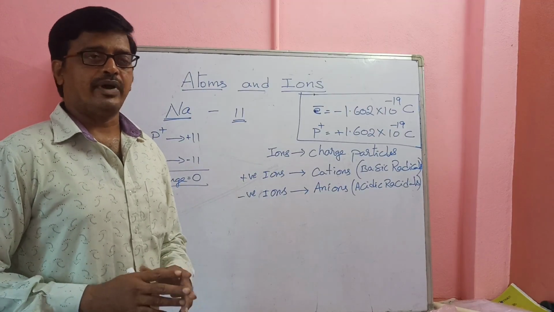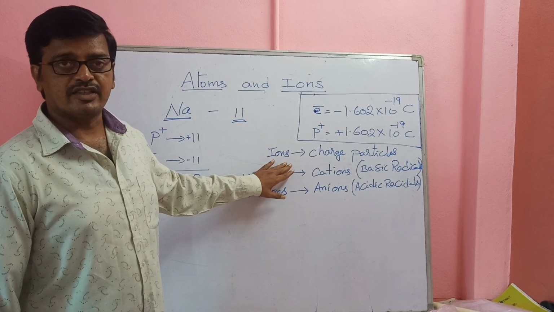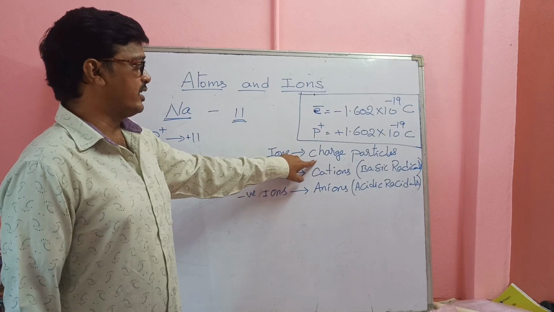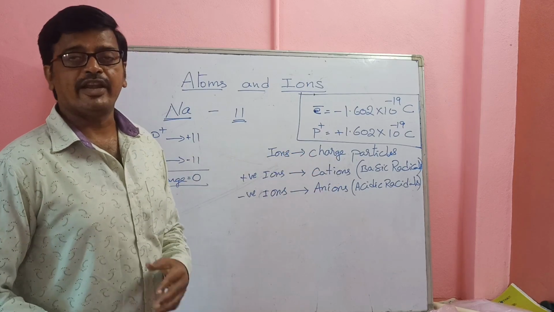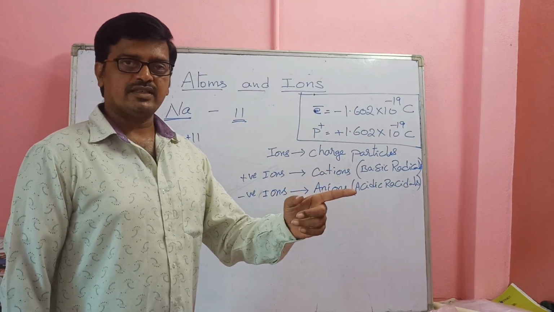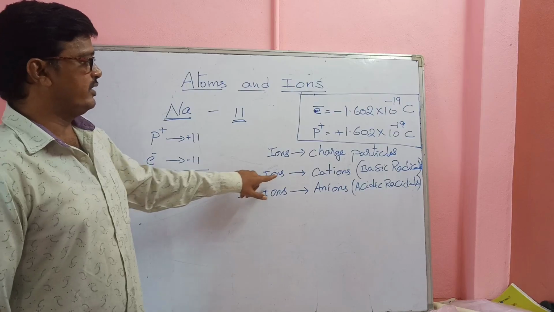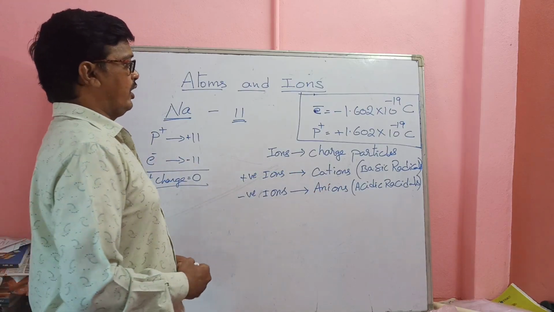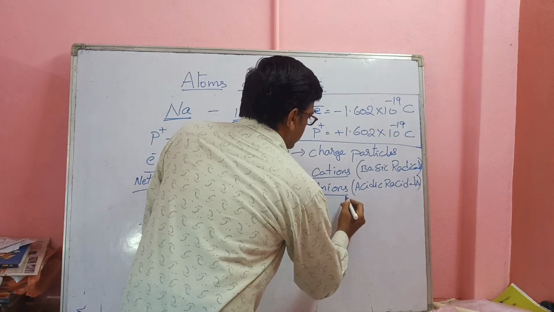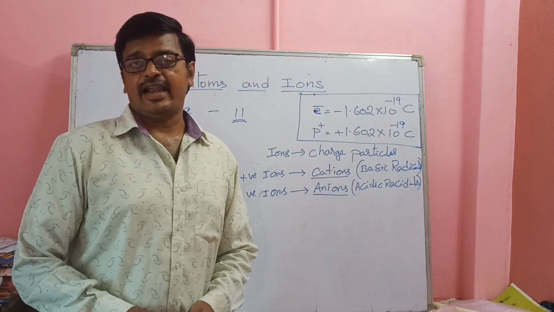Atoms are neutral particles, whereas ions are charged particles. Since ions are charged particles, how many types of charge are there? Only two: positive charge and negative charge. Positive ions are called cations or basic radicals, and negative ions are called anions, another name is acidic radicals.